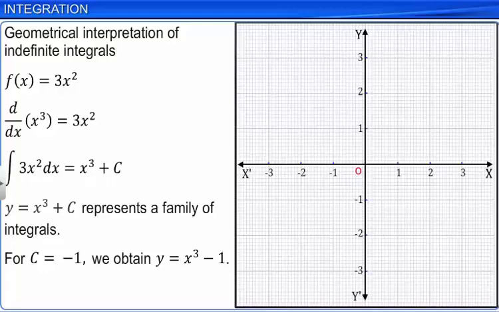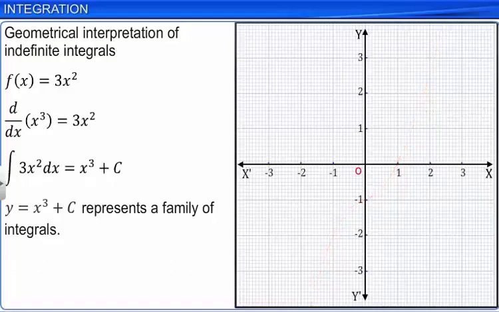The curve can be obtained by moving the graph of y is equal to x cube 1 unit along the y-axis in the negative direction. In a similar way, for c is equal to minus 2, we have y is equal to x cube minus 2, and the graph is as shown here.